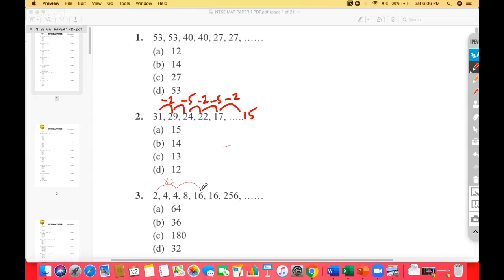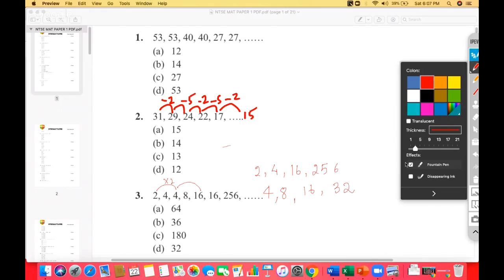If I write alternate numbers, I have 2, 4, 16, 256. And this series is 4, 8, 16. So this is multiplication by 2. So this would be 32. So that's the answer.